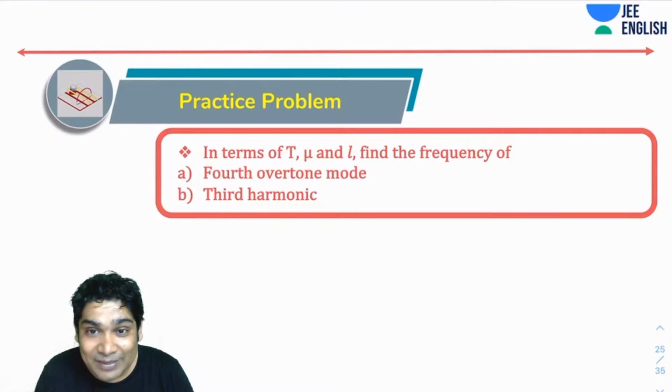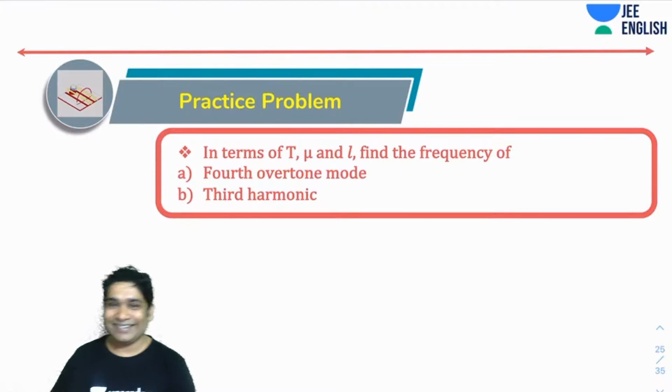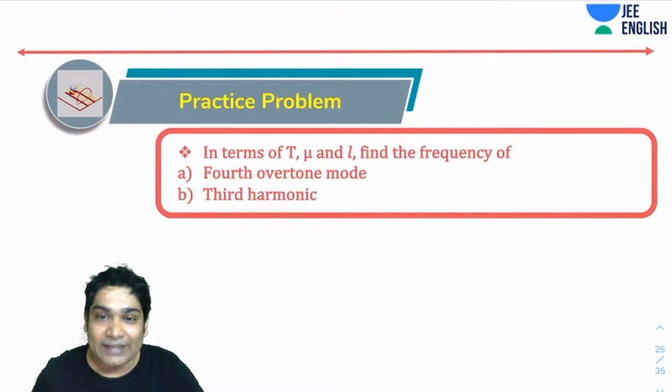Two bodies M and M of equal masses are suspended from two separate massless springs of spring constants K1 and K2. If the two bodies oscillate vertically such that the maximum velocities are equal, the ratio of the amplitude of vibrations of M to N is. Okay, so this is very easy.